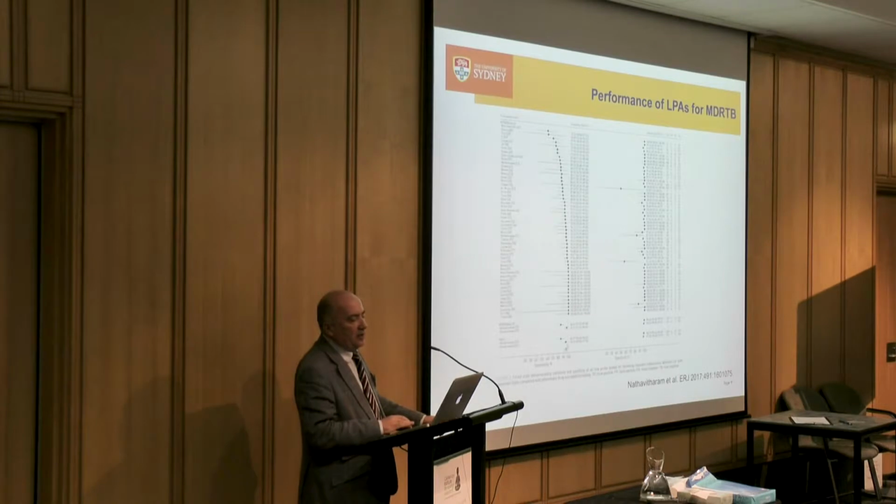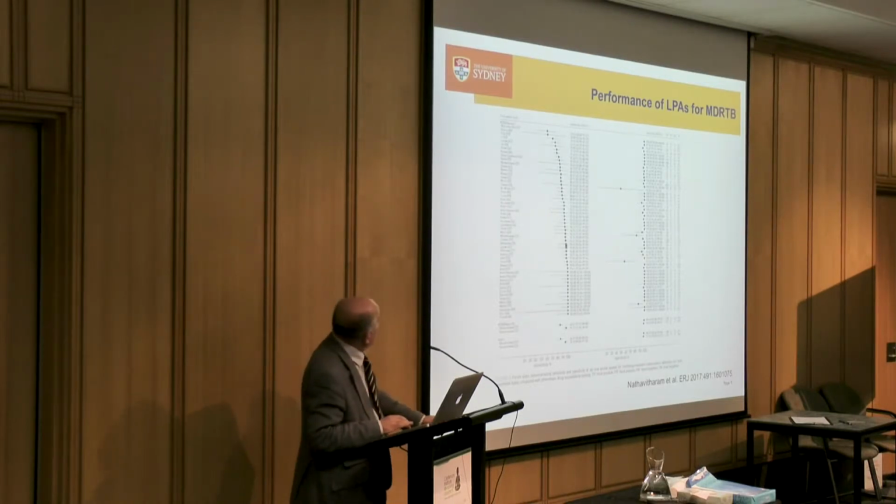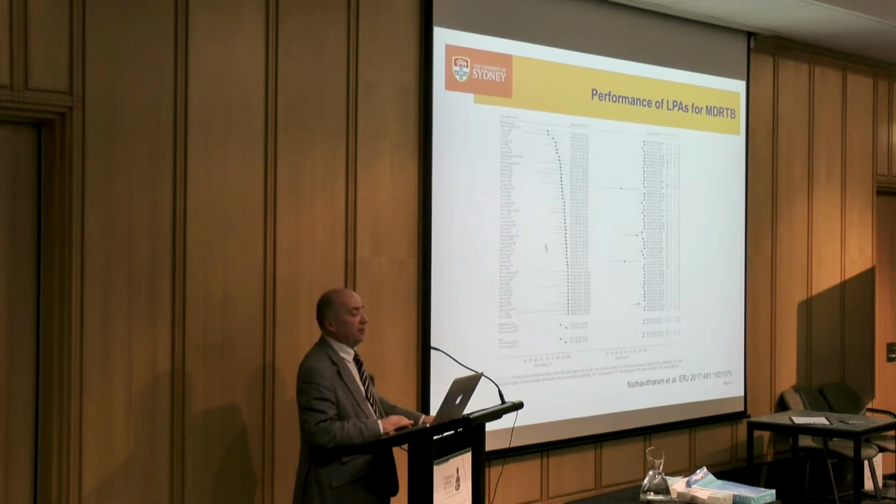I think sensitivity of 90-95% is probably based on just smear positive samples in a high incidence country. This end of the spectrum, which you can see with my pointer, is in low incidence countries, and specificity is very, very high.